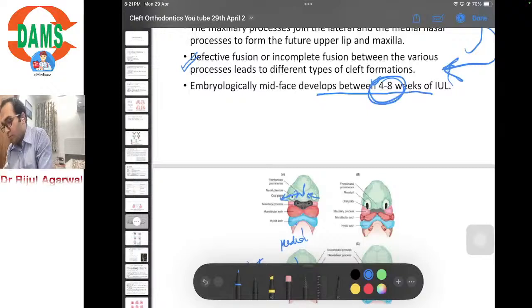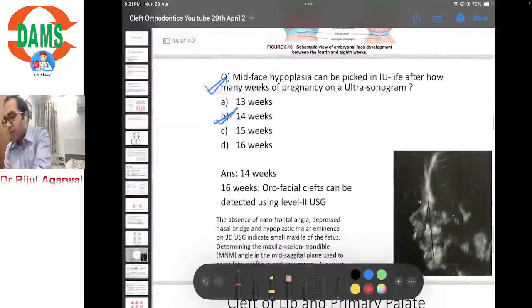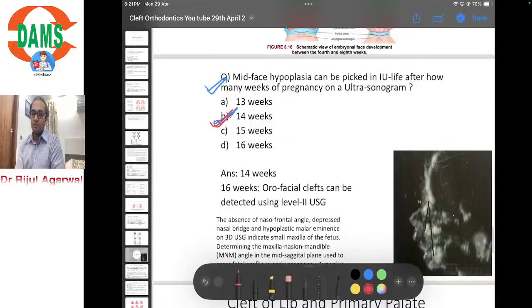Please remember this. If the question is on formation, it develops between 4 to 8 weeks of intrauterine life, whereas on an ultrasonogram midface hypoplasia can be picked up only after 14 weeks.